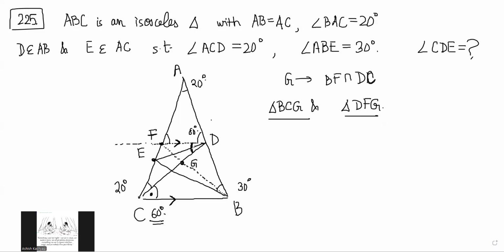If this angle is becoming 60, can we prove this angle is also 60? We get that this is 80, and that will be the sum of this small part and this small part, but right now we don't know that part yet.